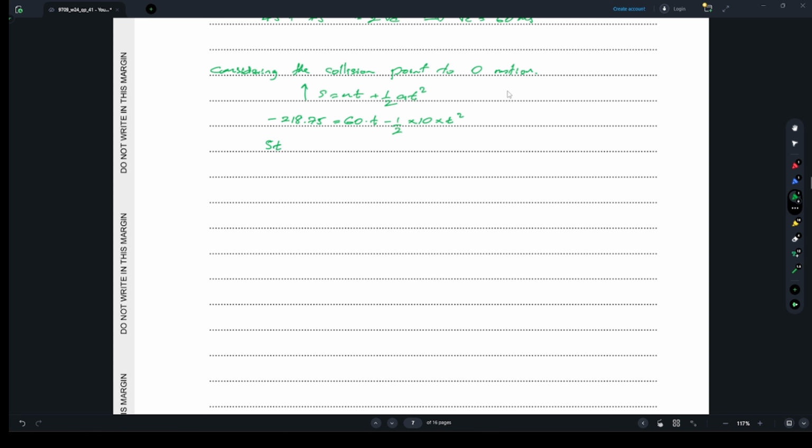Rearranging this, 5t square minus 60t, and, sorry, I'm taking everything to the left side, so then it's minus 218.75 equals 0. And then you can use the calculator or the formula.